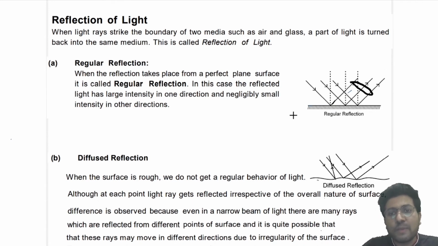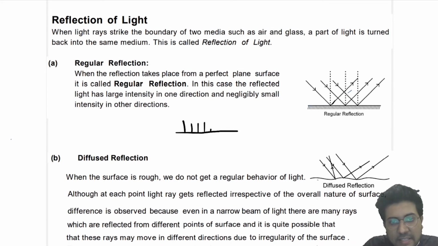Why is this so? Because in a smooth polished surface, the normal at every point is in the same direction. So the angle of incidence has to be equal to the angle of reflection, and the reflected rays are parallel if the incident rays are parallel.